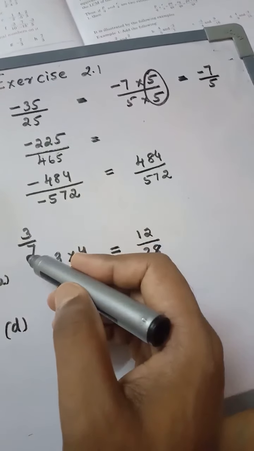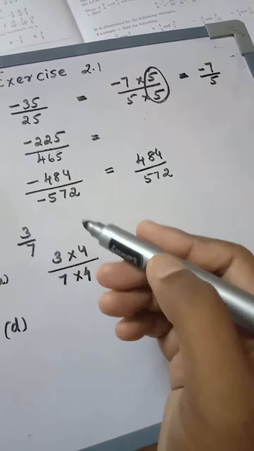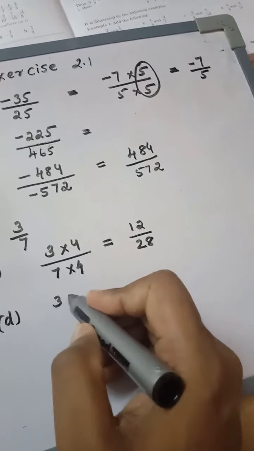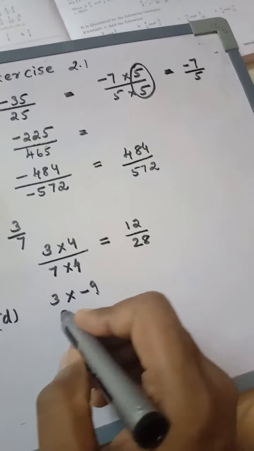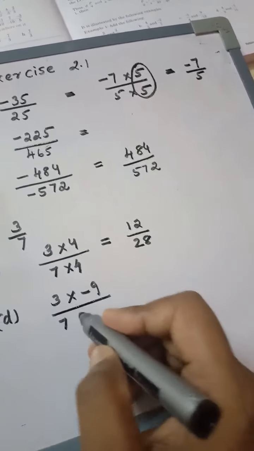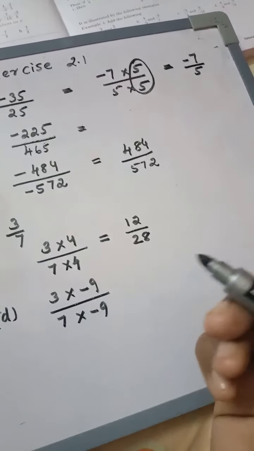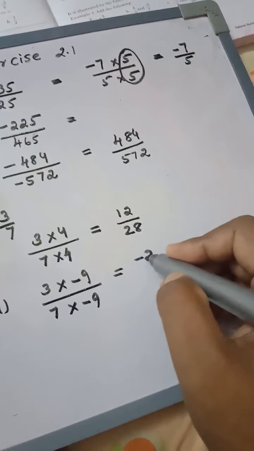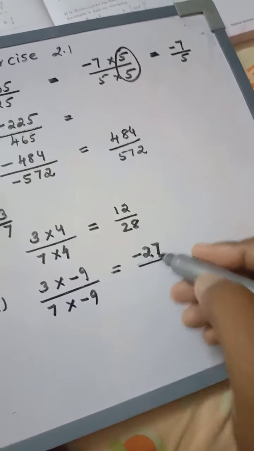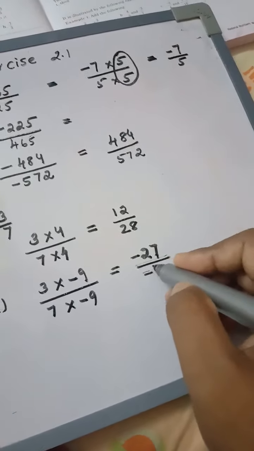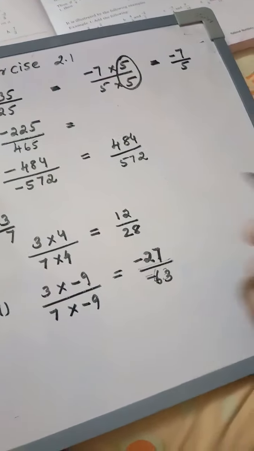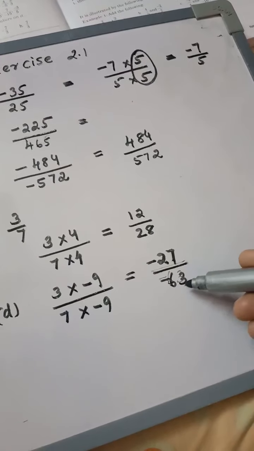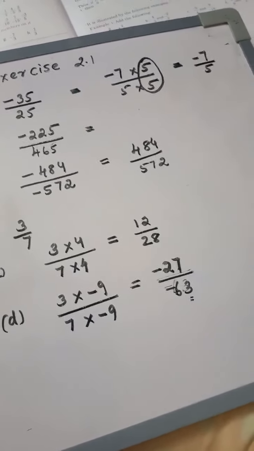And we know that 7 is multiplied by minus 9 to make it as minus 63. So 3 is multiplied by minus 9, and 7 is also multiplied by minus 9. Hence it will become 3 multiplied by minus 9 is minus 27 upon 7 multiplied by minus 9 is minus 63. So the given rational number 3 upon 7 is made as a rational number with a denominator minus 63.